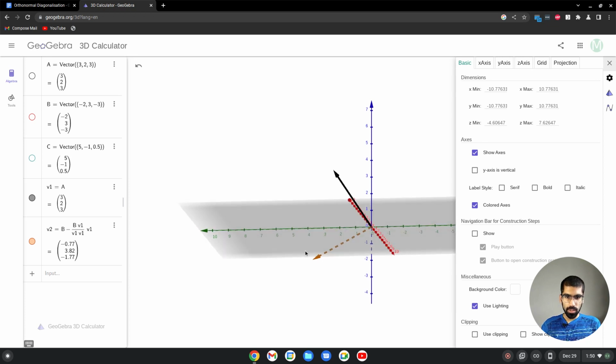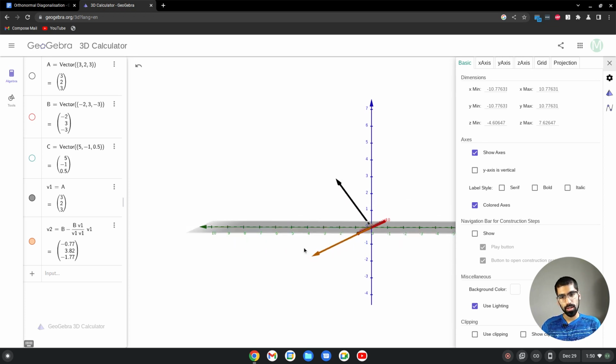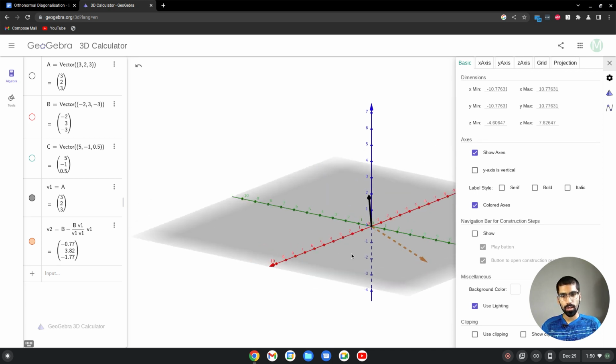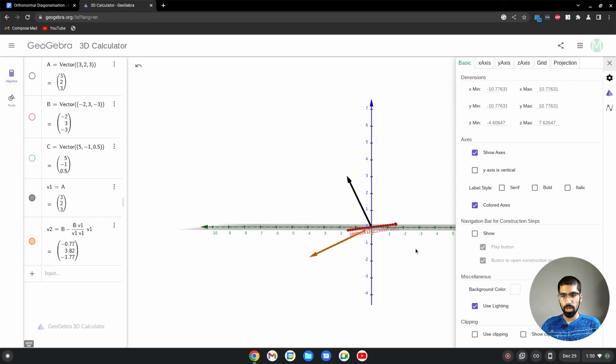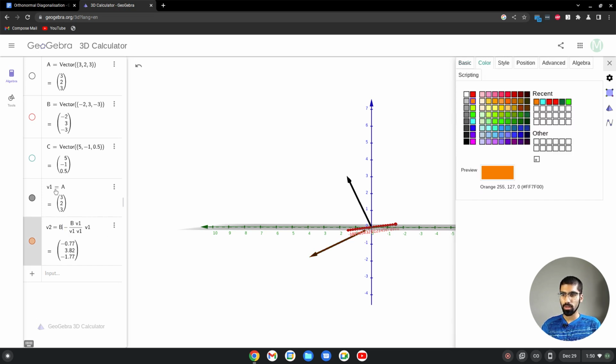So now you can see these 2 vectors, they are at right angles to each other. And the reason is I took away the components that they could share. I took away the components of B that could lie along this vector V1. And I did that by taking away the projection of B onto V1.